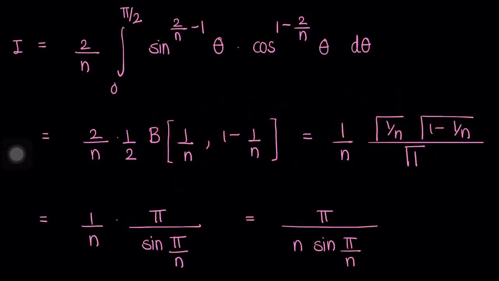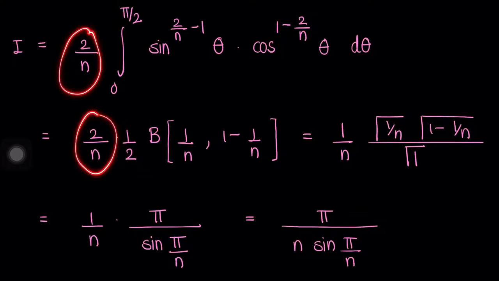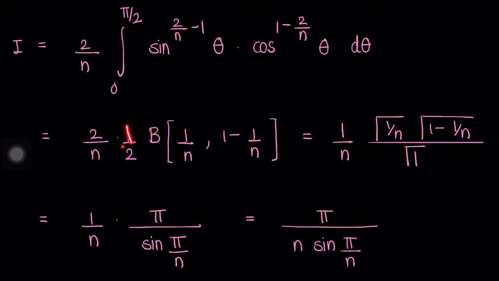So using this formula here, the value of this integral is going to be 1 by 2, this 2 by n as it is, so 1 by 2 beta of (p plus 1) divided by 2. So here p is 2 by n minus 1. So plus 1 means minus 1 plus 1 gets cancelled, and divided by 2, so this 2 will get cancelled.